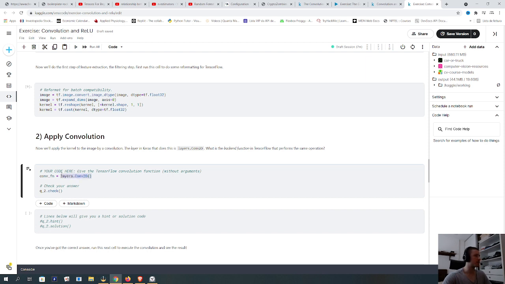So it's tf something. Maybe tf.conv2d. Now apply the kernel to the layer in Keras that does this, layers.conv. As the backend function in TensorFlow that performs the same operation.